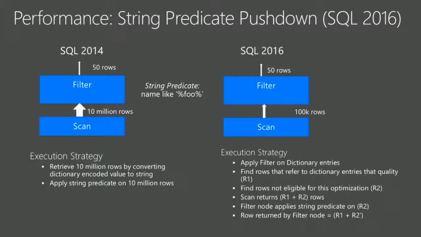Now with 2016, we push the filter to the scan. When you have string columns in ColumnStore, we don't store full strings in a segment. We use a dictionary. Common strings are put in a dictionary, and the segments refer to that, right? So we compare the dictionary entries for this predicate.